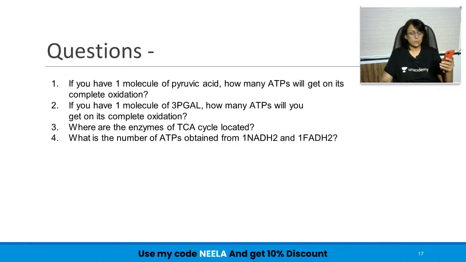Kalai has also written the questions. Okay, so I guess everybody has understood. Kalai also says 100%. That's very good. So one major step in aerobic respiration is done, that is the Krebs cycle. Now when we meet tomorrow, we will start with these questions. We'll go over them. I'm 100% sure that all of you are going to get the correct answers, but still I'll go over them, and then we'll do the electron transport chain and then oxidative phosphorylation.